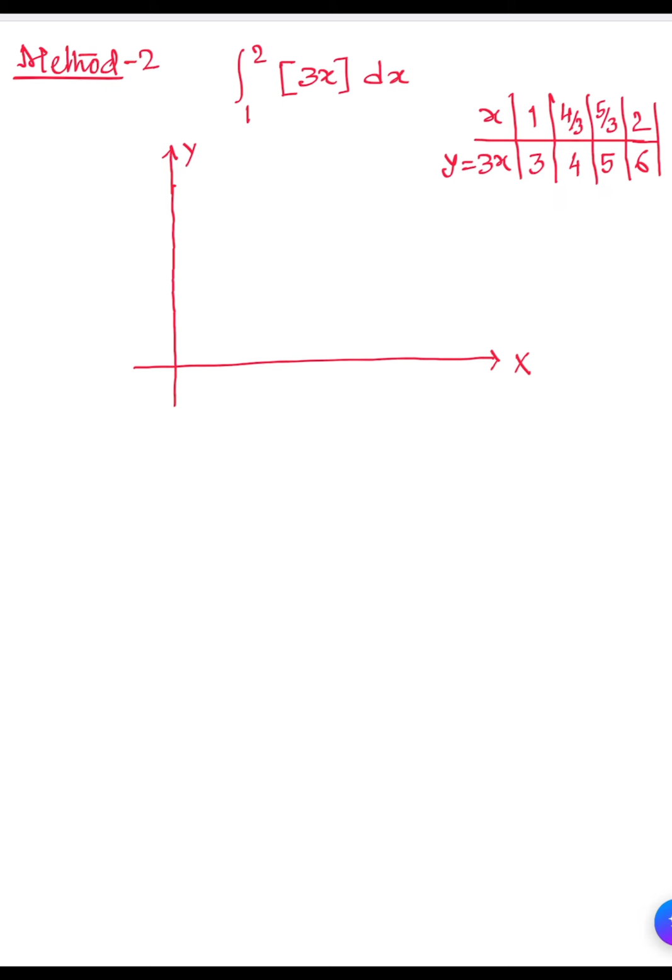Let's make a hypothetical graph of y equals 3x, like this. Now take some points: 1, this is 4 by 3, this is 5 by 3, this is 2.